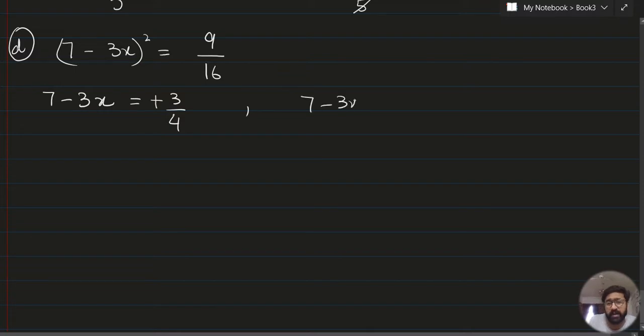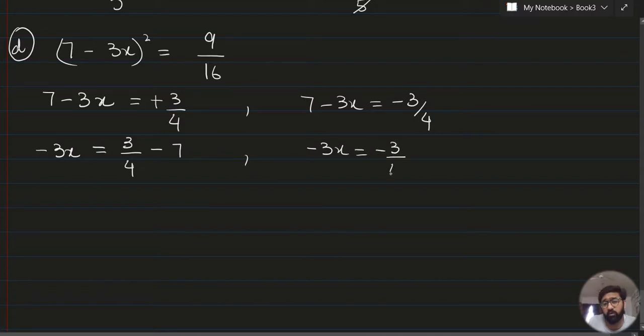7 minus 3x is equal to minus 3 by 4. Now we are going to collect the like terms. It is going to become minus 3x is equal to 3 over 4 minus 7, and minus 3x is equal to minus 3 over 4 minus 7. Since this side is also a fraction, you are going to make the denominator same, because in addition and subtraction of fractions, the denominators should be same for simplification.